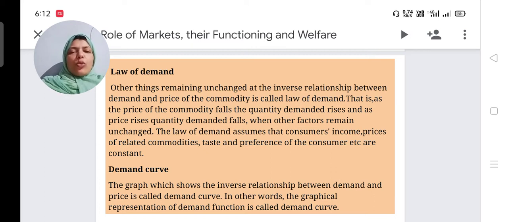Inverse means opposite relation between demand and price of the commodity. That is called law of demand.